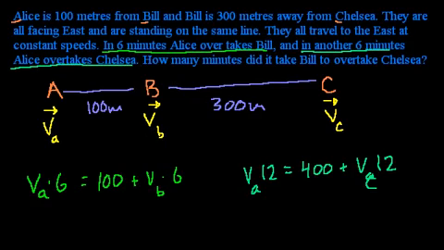And what is their question? They're asking us, how many minutes did it take Bill to overtake Chelsea? All right, so we want to know time in minutes. How long does it take Bill to overtake Chelsea?